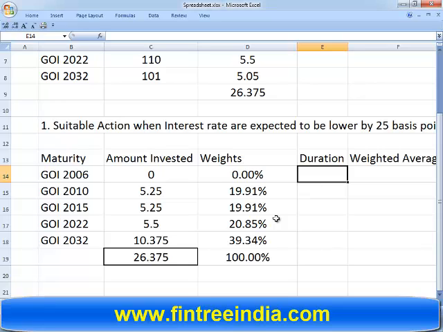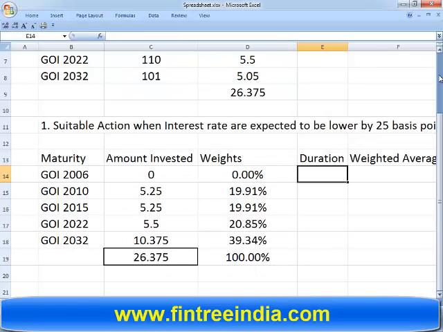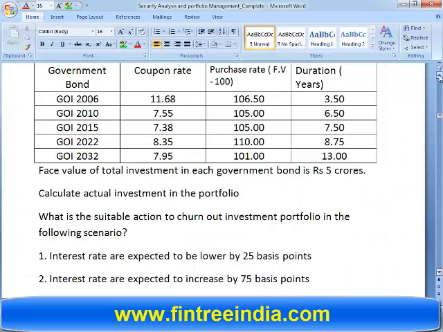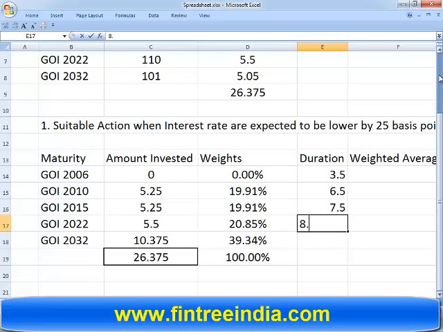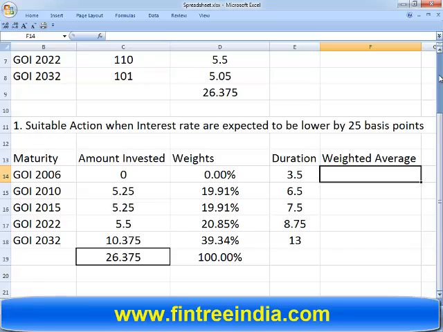Let's plot duration there: 3.5, 6.5, 7.5, 8.75 and 13. Then a weighted average, this number multiplied with weights.